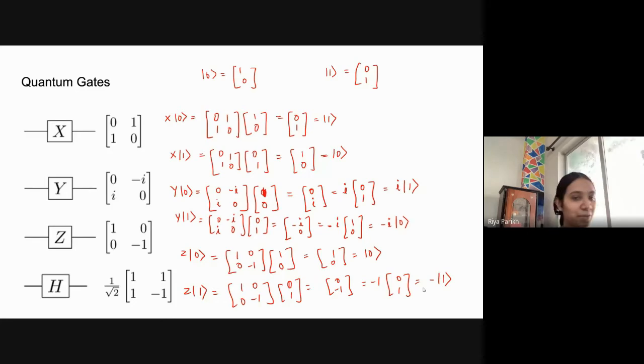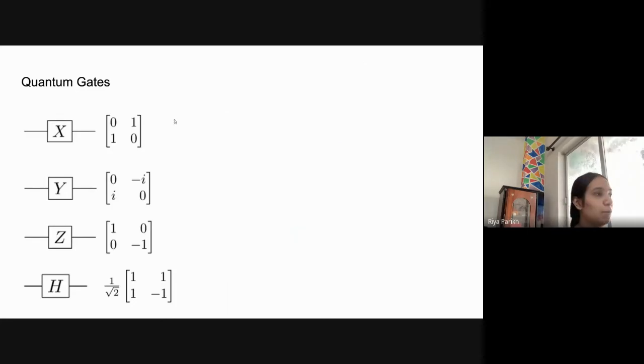Next, we need to see the Hadamard gate because this is the most interesting of all. If you apply the Hadamard gate to state 0, let me write state 0 again, (1, 0), and state 1 will be (0, 1).